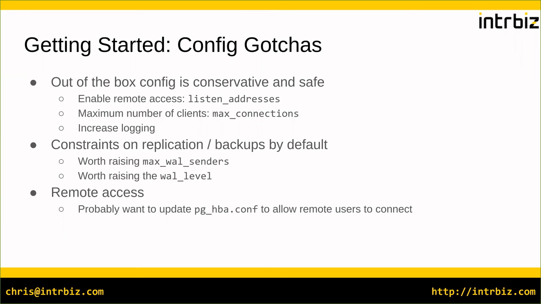So in terms of the processes you will see in Linux with Postgres running, there will be the main postmaster process, which is the control process that will accept connections, and then for every connection that's accepted and authenticated, it will fork a process to run that connection.